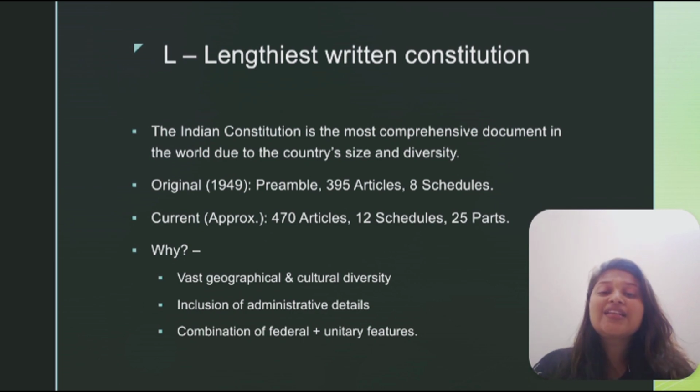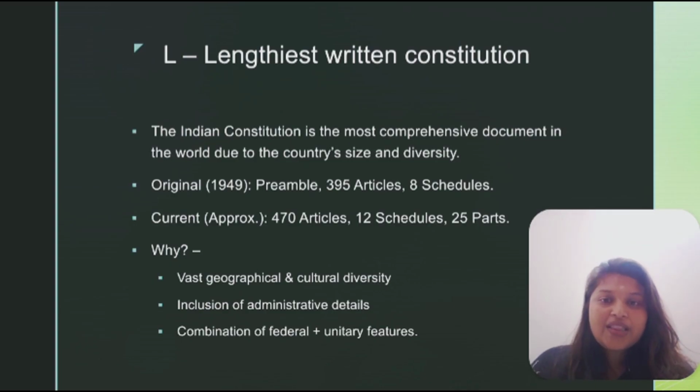The reason that we have such a long, lengthy written constitution is that we have diversities in our country, right? We live in a country where unity in diversity is appreciated, where we have people with different cultures, different languages and different beliefs. In order to make a single constitution for all of them, it should have provisions that include all of them. So that is one of the reasons why we have the lengthiest constitution.